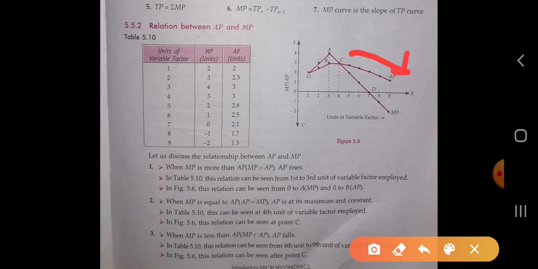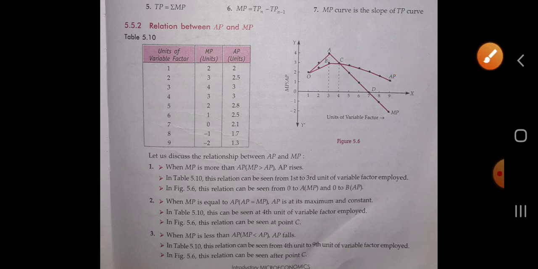Okay, what we study here is that when MP, the marginal product, is more than AP, then AP will rise.